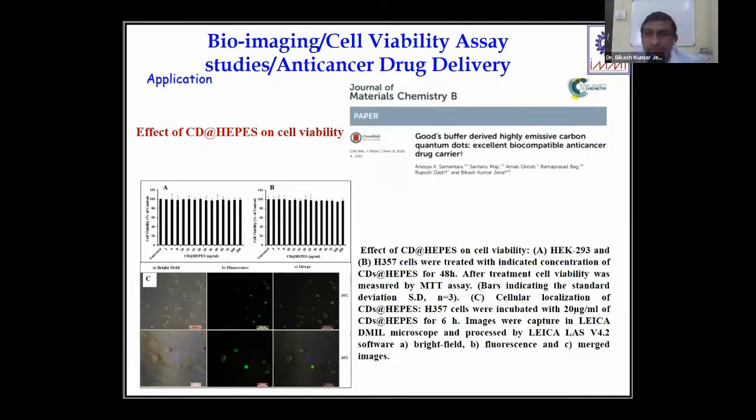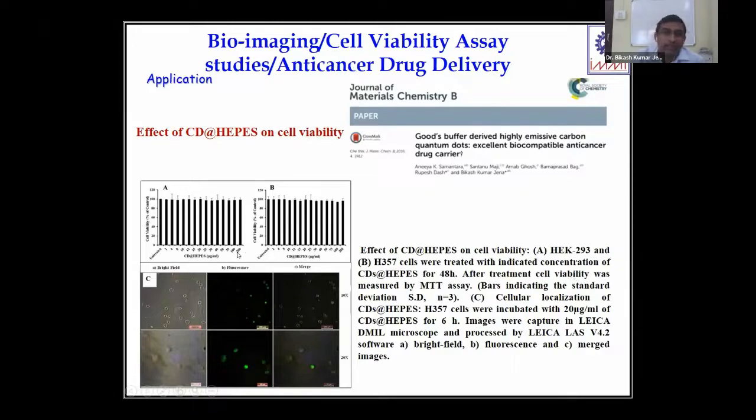Before we study the drug delivery test, this is work we did in ILS with my collaborator, Dr. Debasish. We synthesized these carbon dots using HEPS buffer, and he studied the cell viability assay. He took some HEK-293 cells and treated them for 24 to 48 hours.